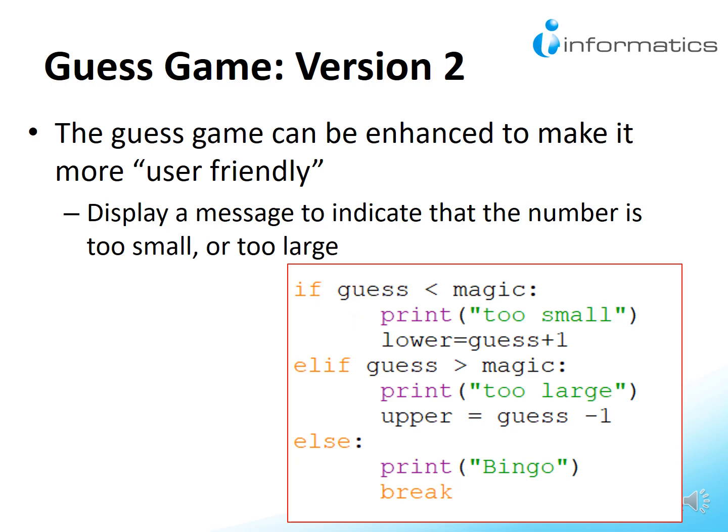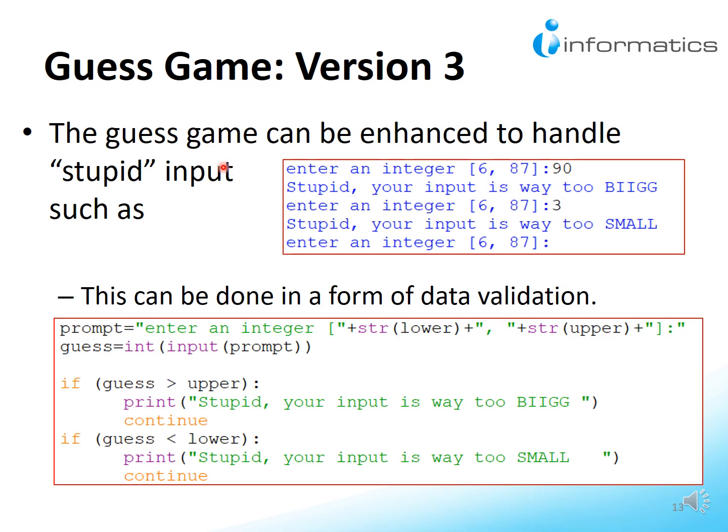So here you can display a message by adding print statements, such as print too small, print too large at the appropriate place. By now you should have finished guess game version 2.